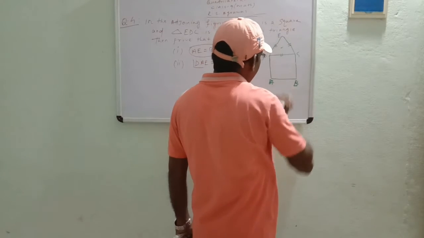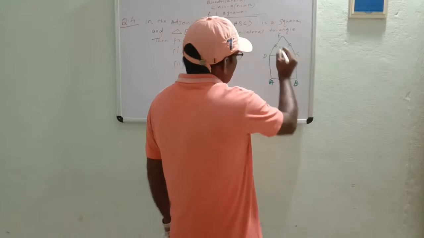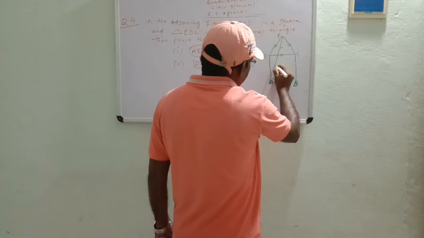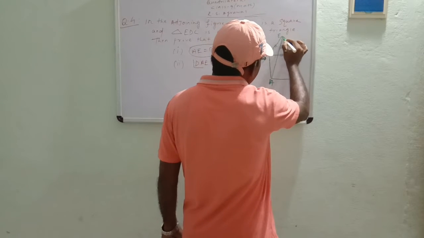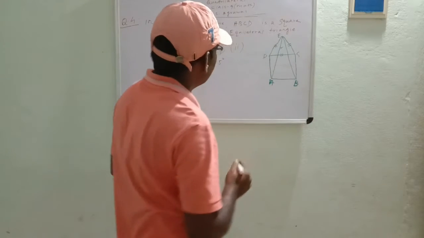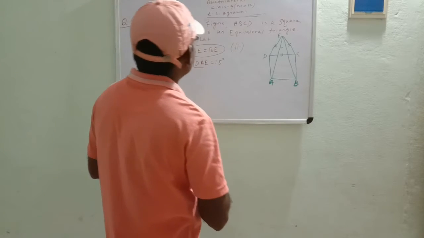Therefore, it is an equilateral triangle. Join E and A. Similarly, join E and B. So it is the complete figure according to the question.